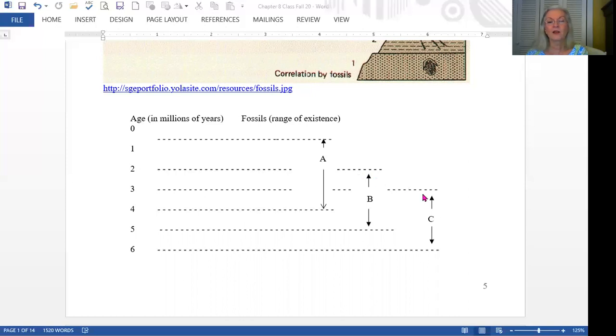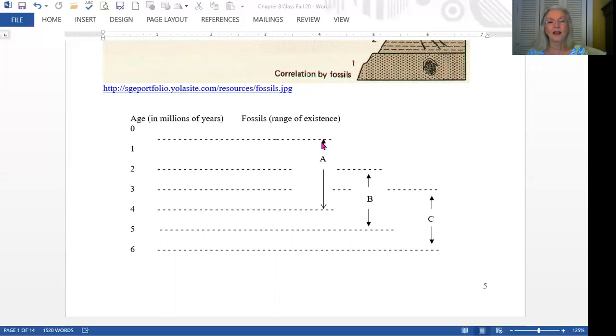I come down to 3 million years ago, and yes, C was here, B was here, and A was here. So you can see that all three fossils were alive from 3 million years ago to 4 million years ago. That's the only time when A and B and C all three coexisted, right in this little range.